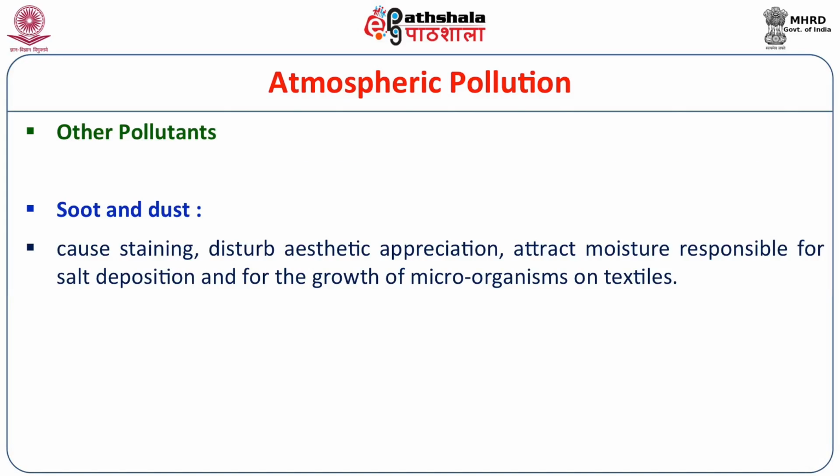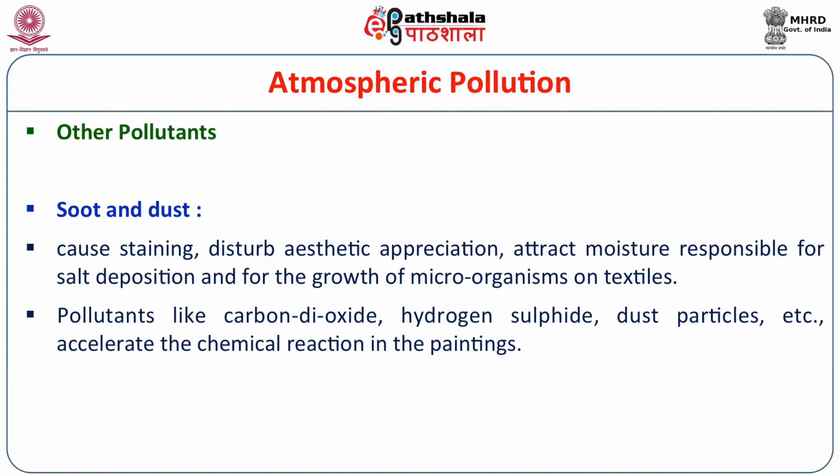The aesthetic appreciation of the cultural property becomes disturbed. It also attracts moisture and is responsible for salt deposition and for the growth of microorganisms on the textiles and related types of materials.